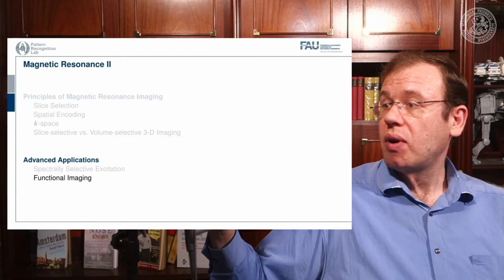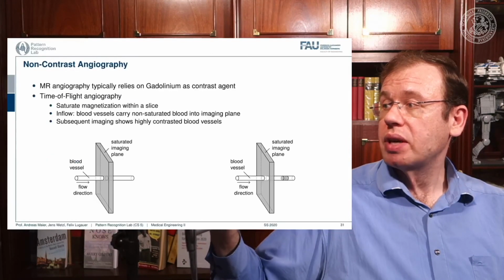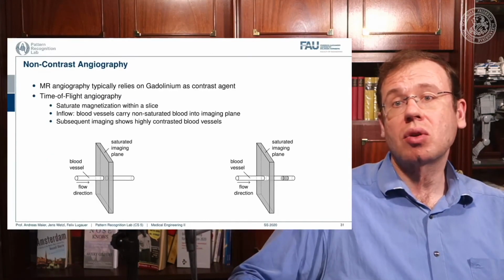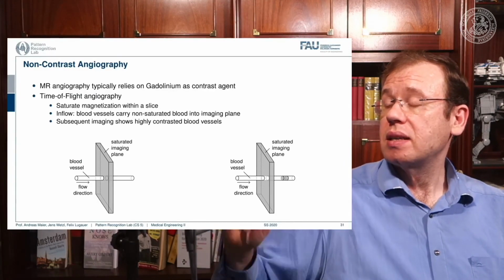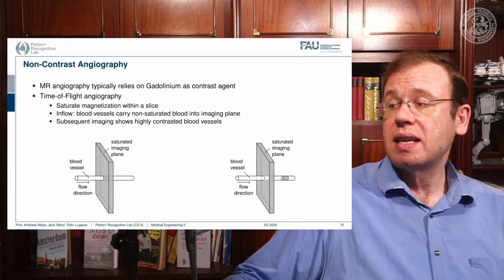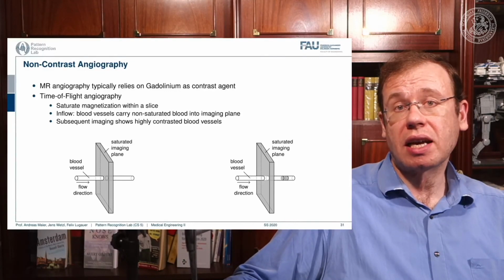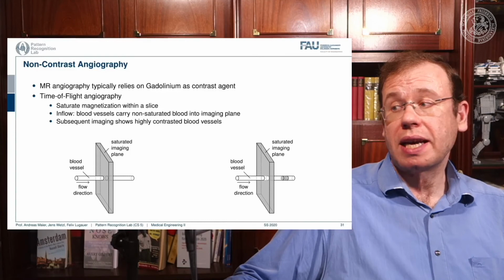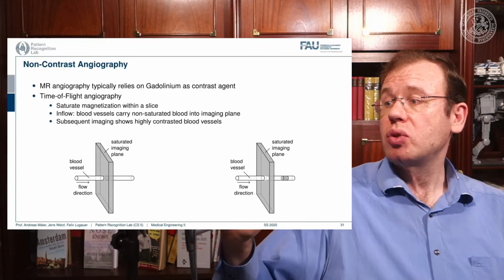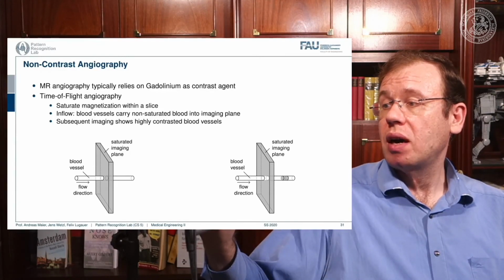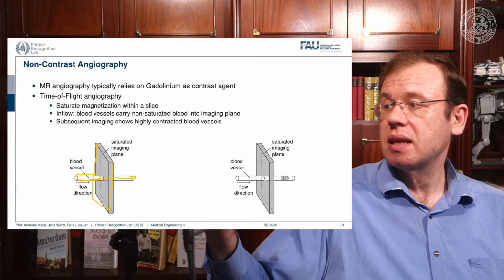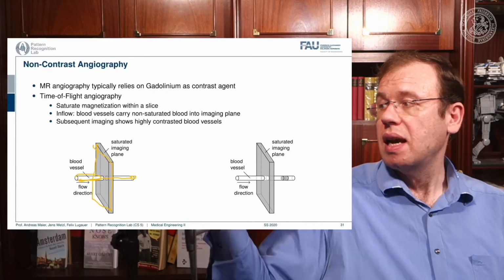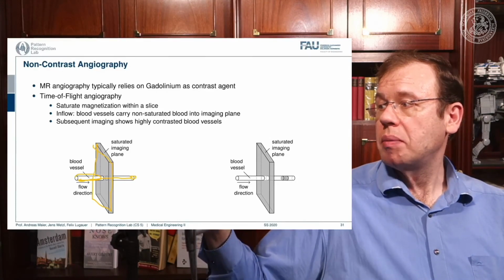Now let's go to functional imaging, and a very cool technique is the so-called non-contrast angiography. And the key idea there is that you play with the actual imaging planes. So if you have a blood vessel and this is the flow direction, you're essentially exciting in this image plane, and then you depend on the flow.